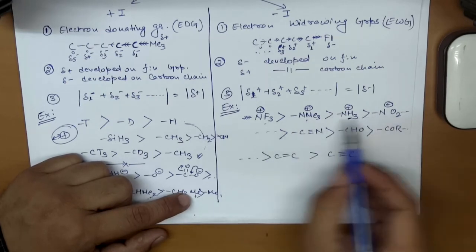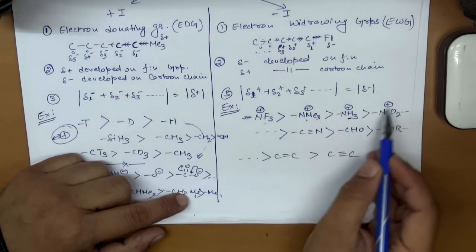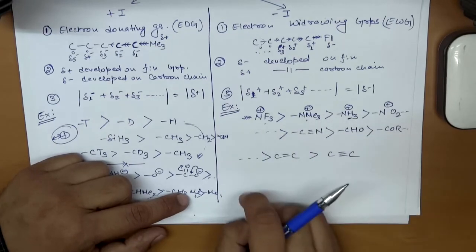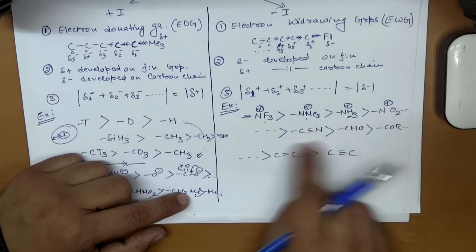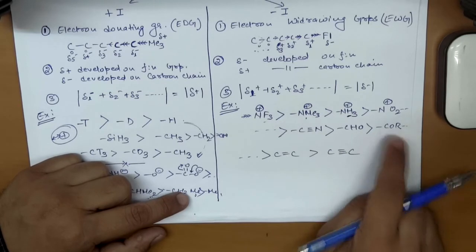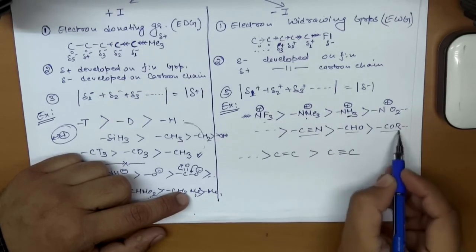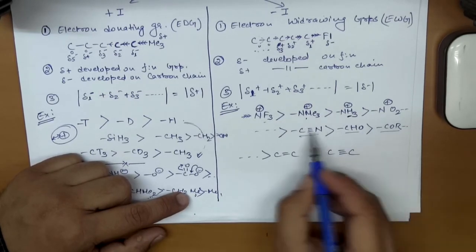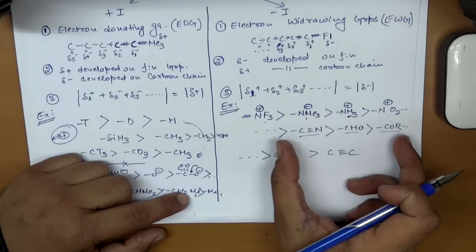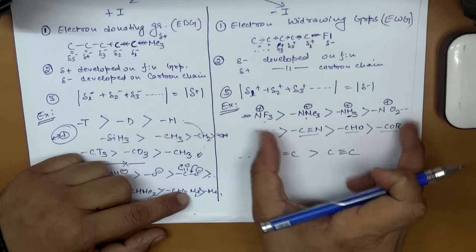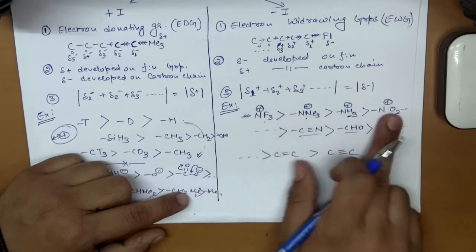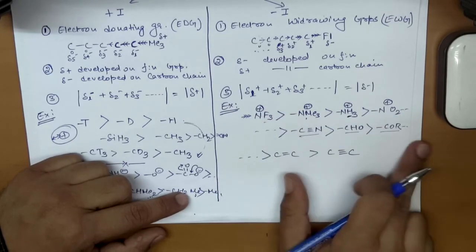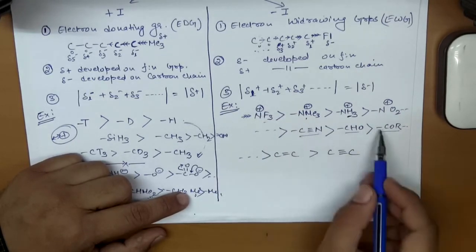So this is an even worse electron withdrawing group as compared to these three. As we go next in our series, there are cyanide, CHO and COR. Obviously the electron withdrawing capacity of these compounds is even lesser than these, because those have a positive charge and these are neutral.